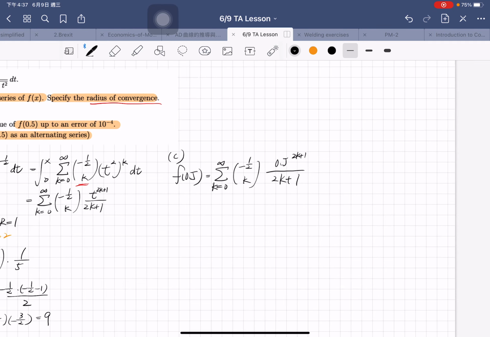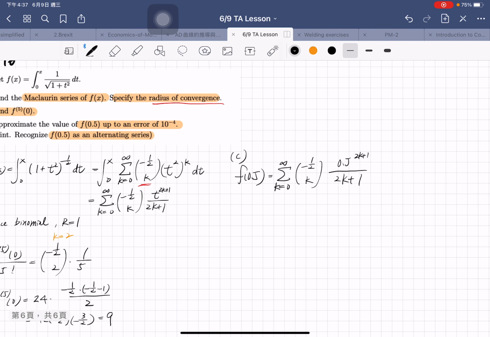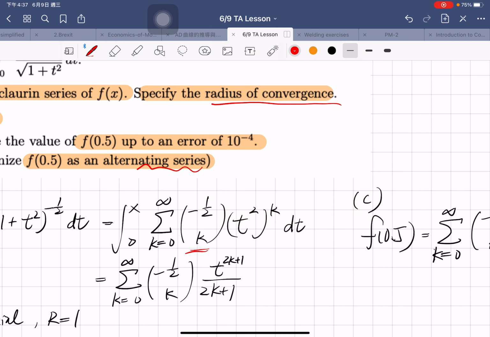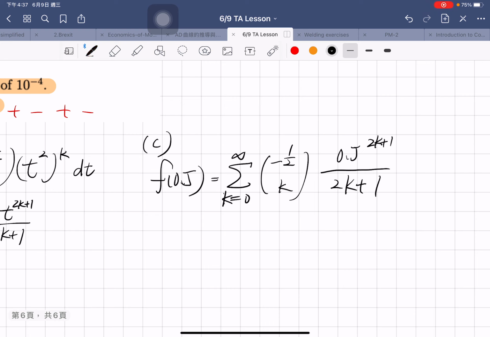Okay, so how do we change it to the alternating series? We know that alternating series means your sign is changing, right? You get a minus 1, 1. You get a positive or negative alternating. So we don't see something alternating here. So we try to expand it out, okay?